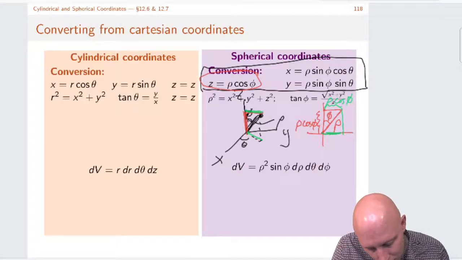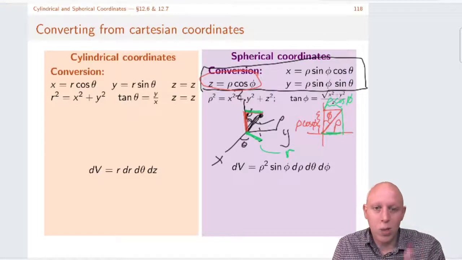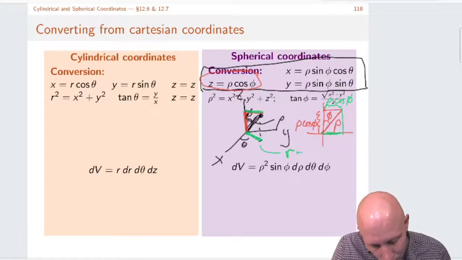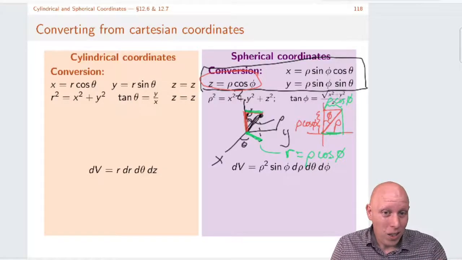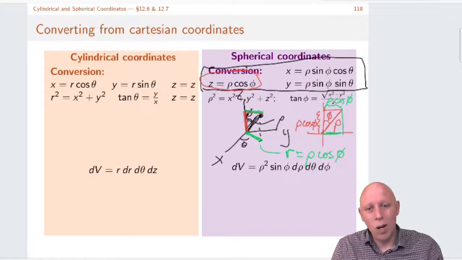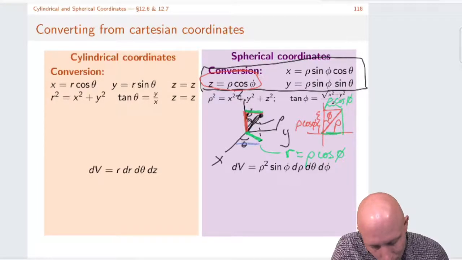So this distance here in the xy plane, which we're used to thinking of as r, r being the distance from the z-axis, is going to be equal to rho sine of phi. Okay, that's r. And if we need to figure out what x is and what y is, we need to draw two more triangles.